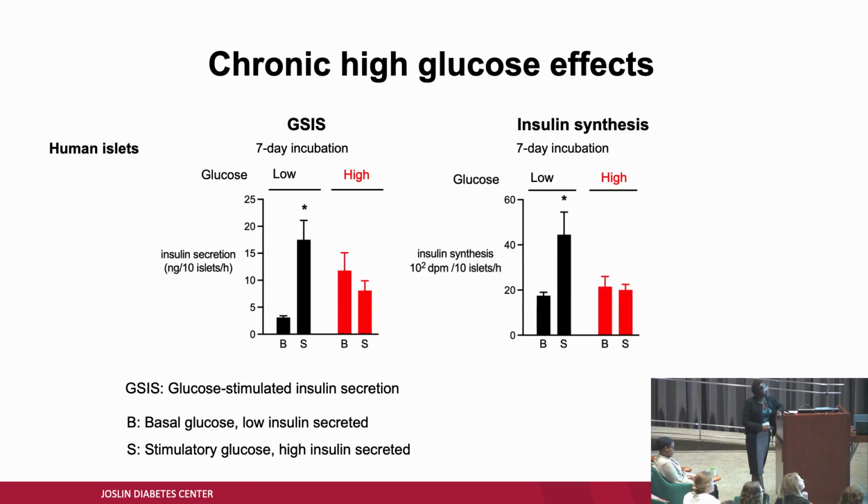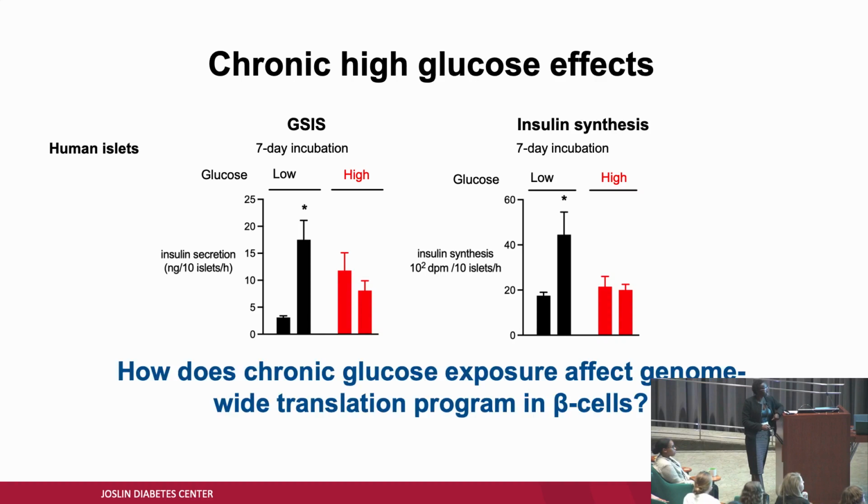Interestingly, this study also showed that the translation that was predicted to be increased by glucose is abolished in the high glucose condition. At this point, we didn't know if the translation of other genes is being affected. So when I joined the lab, one thing I wanted to look at is how chronic glucose exposure affects genome-wide translation programs in beta cells.